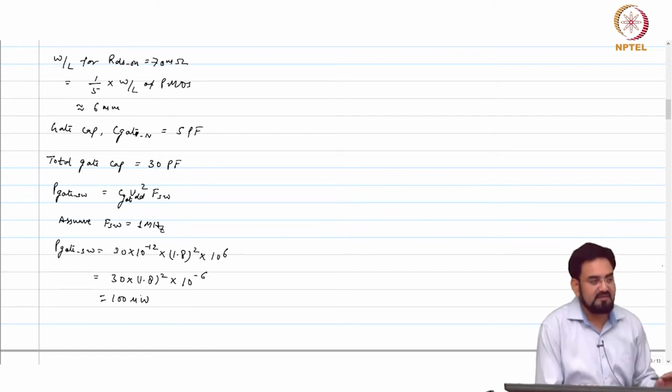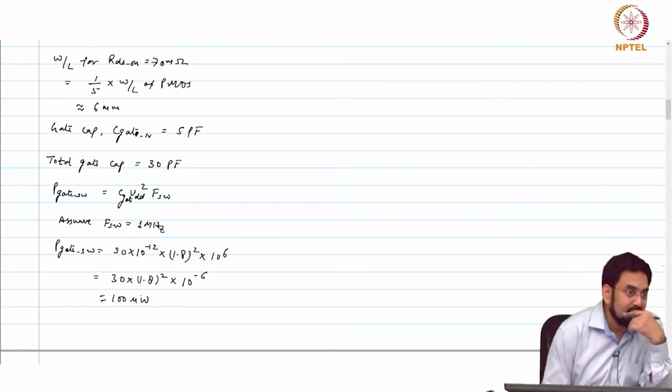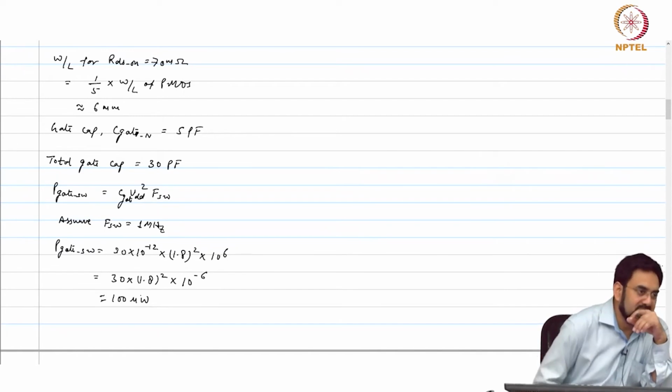So we still have a lot of margin, which means we can even operate at 10 megahertz or so. You'll get roughly 1 milliwatt, which is still a very small fraction. Let's say you are targeting 1% of your 120 milliwatt, so 1.2 milliwatt. So 10 megahertz is safe for this if you want to make sure your switching loss is not dominating at full load.